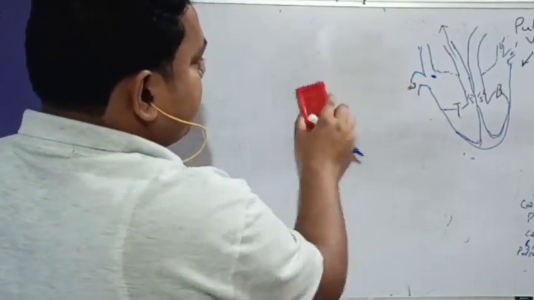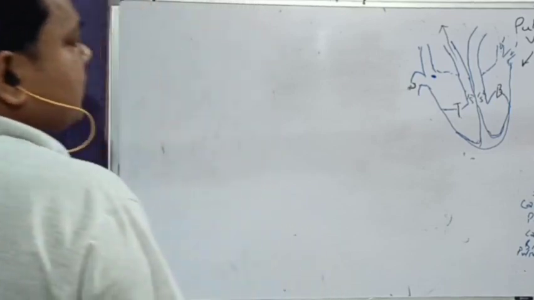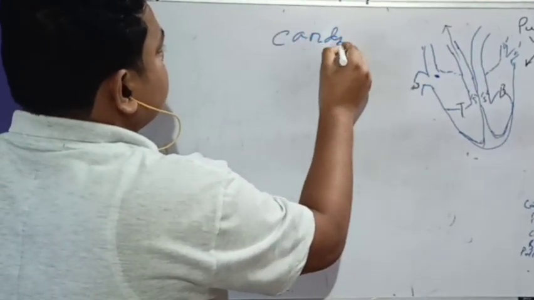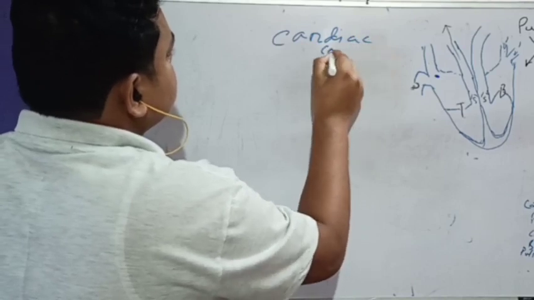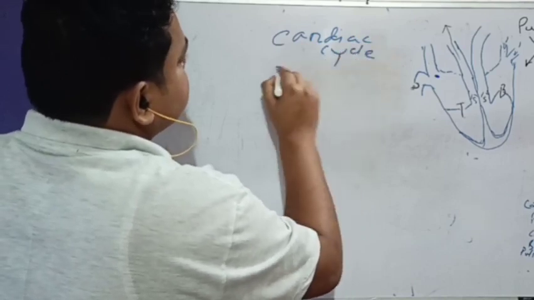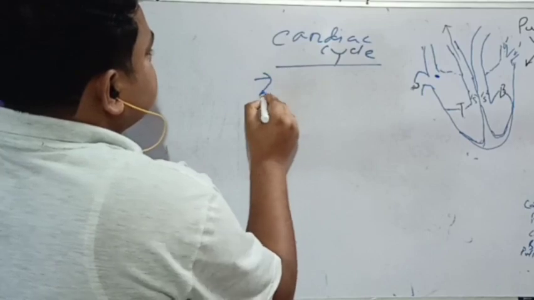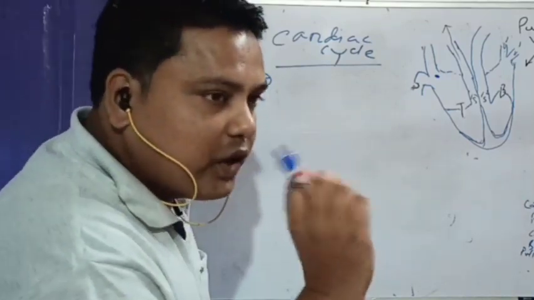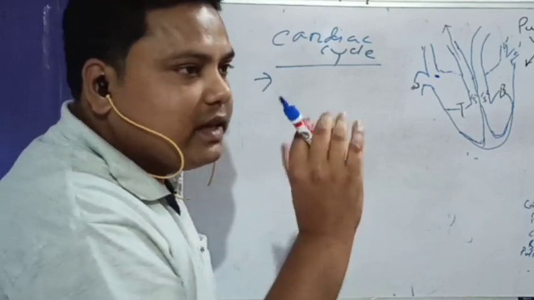Now let's see another thing, the cardiac cycle. The cardiac cycle is nothing but what? It is atrial systole. Systole is contraction. Diastole is relaxation.